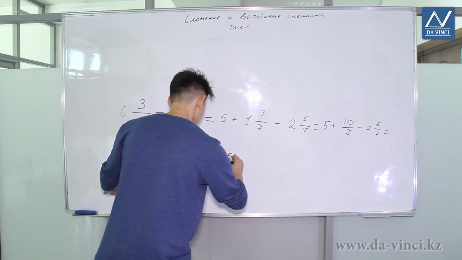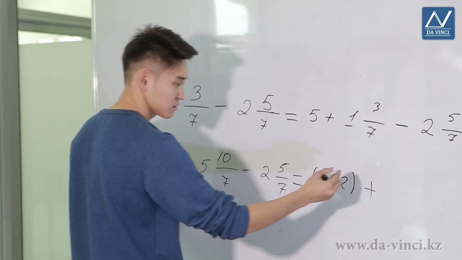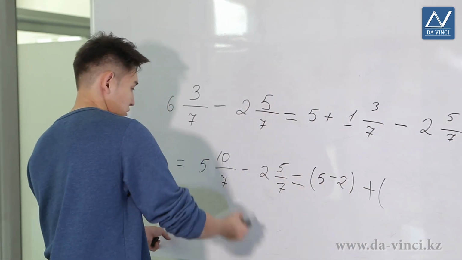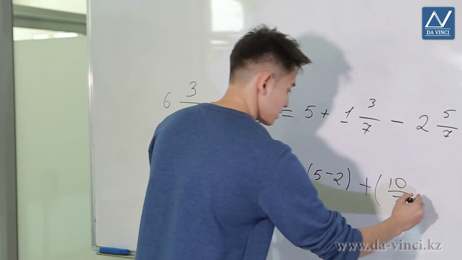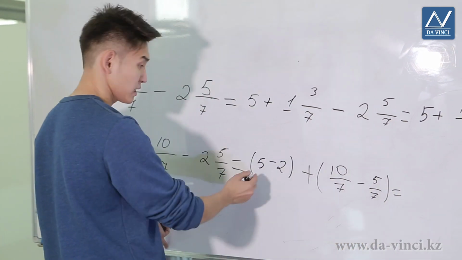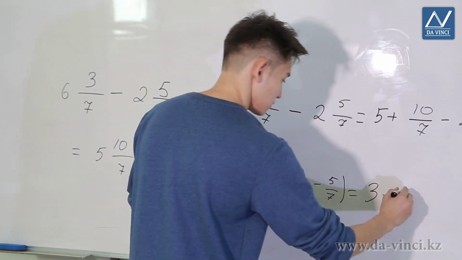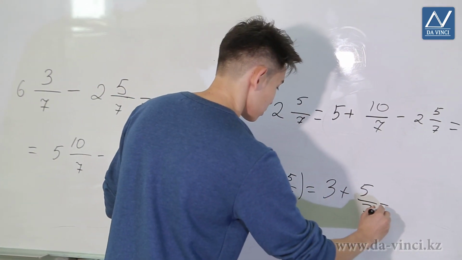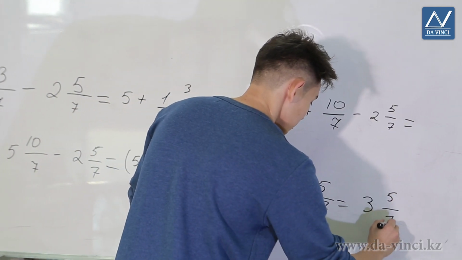And we can do the usual calculation. 5 minus 2 plus, always here, 10/7 minus 5/7 is equal to 5 minus 2, 3, plus 10 minus 5, 5. From here we get the final result, 3 and 5/7.